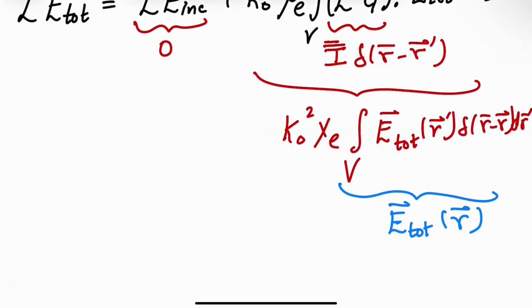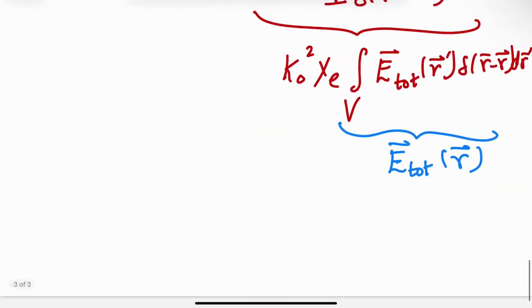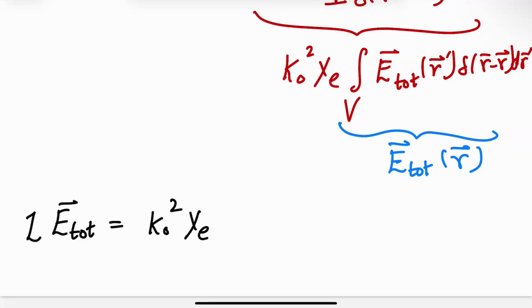Okay, so doing that gives us L of E total is equal to k naught square chi times E total. And that's exactly what we want, right?